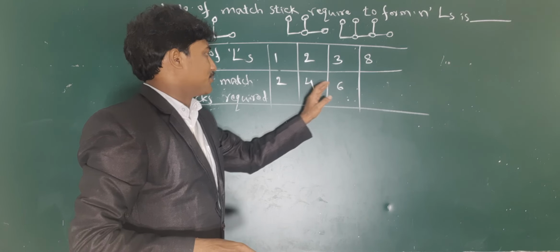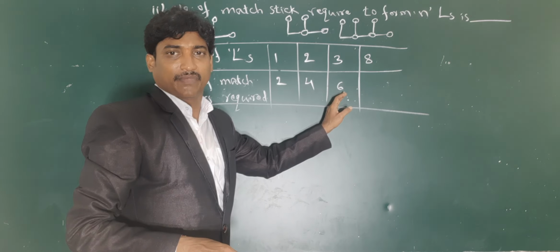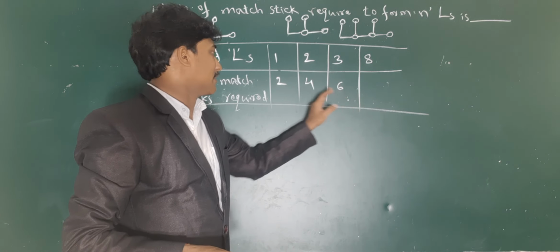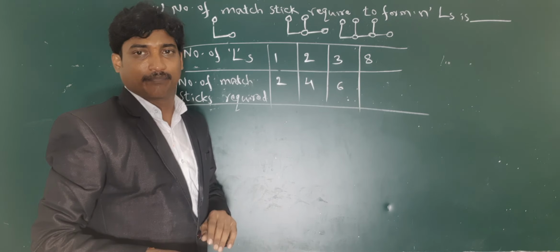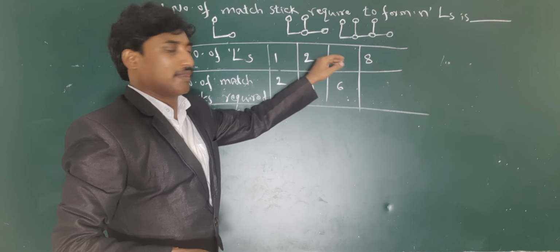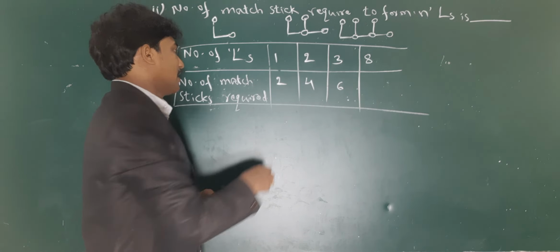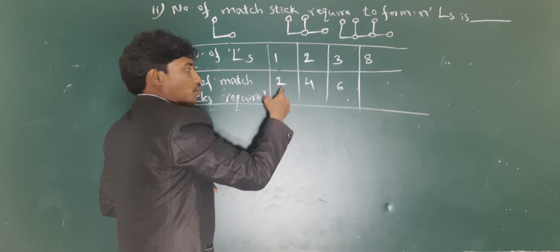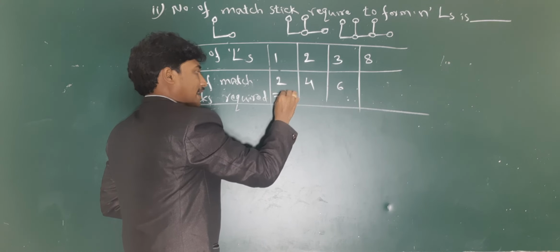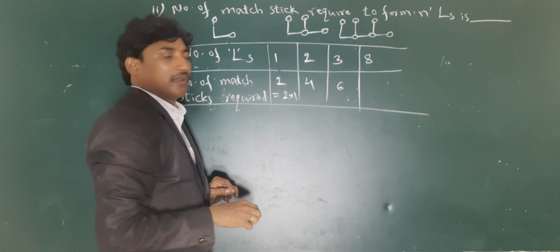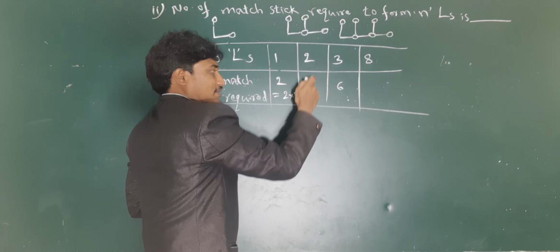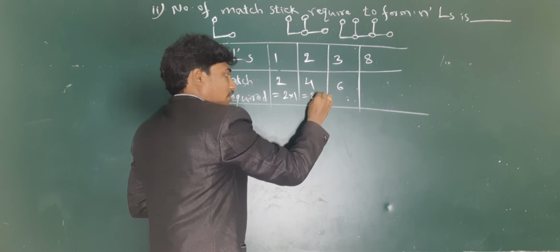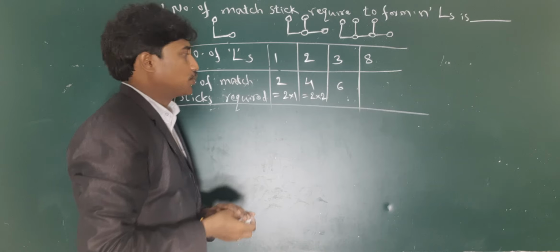Here, if we observe, we can find a pattern in the number of matchsticks according to the number of L's. For 1 L, 2 matchsticks are required. You can write it as 2 into 1. For 2 L's, 4 matchsticks are required, 4 can be written as 2 into 2.